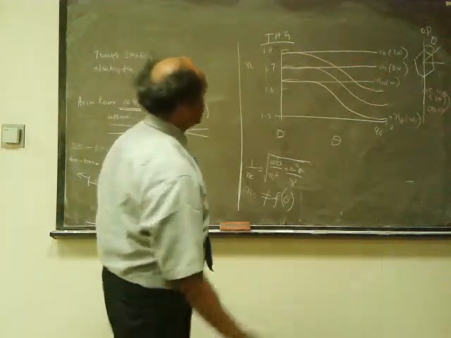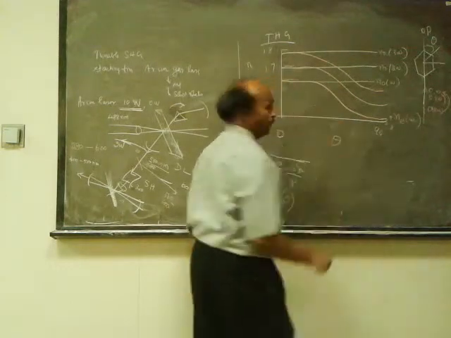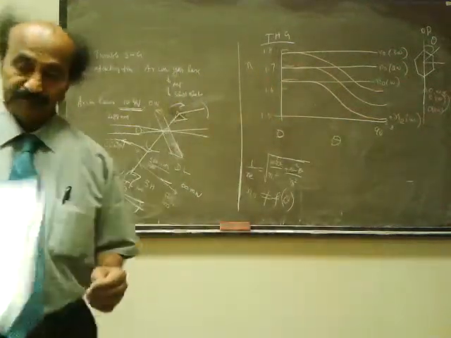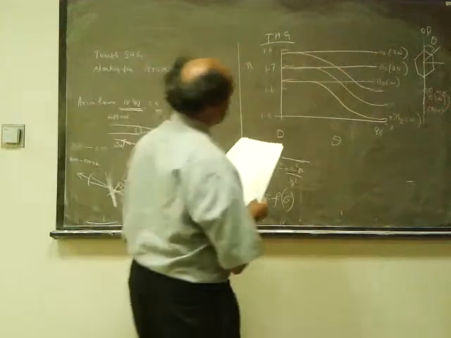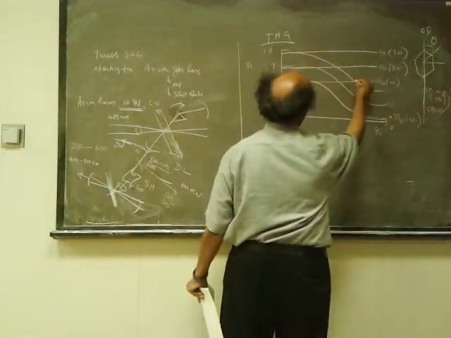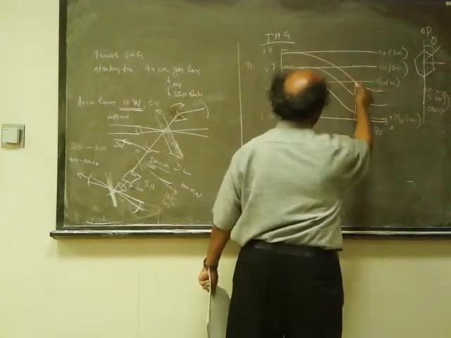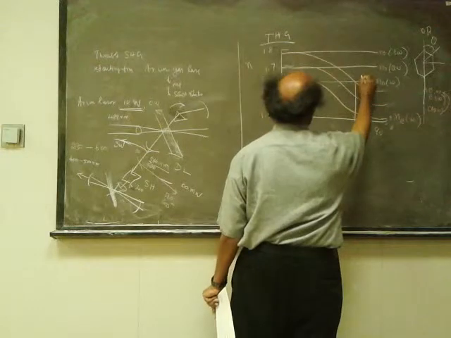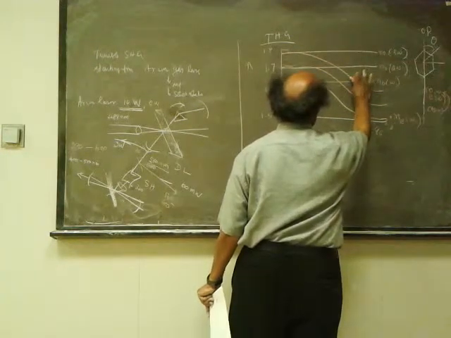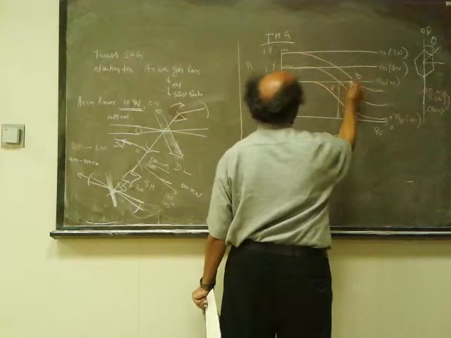Out of this, there is one point which is interesting. Look at this one. What is this point? This point, I would say 1, or let me say 3. This is 2.